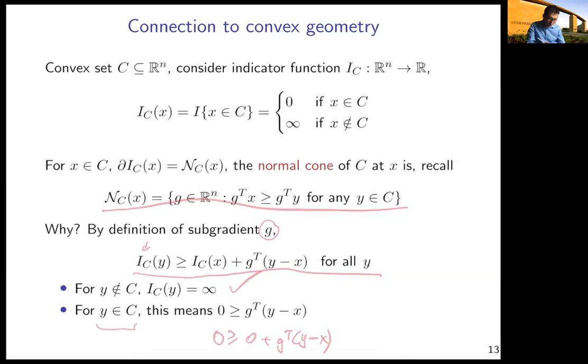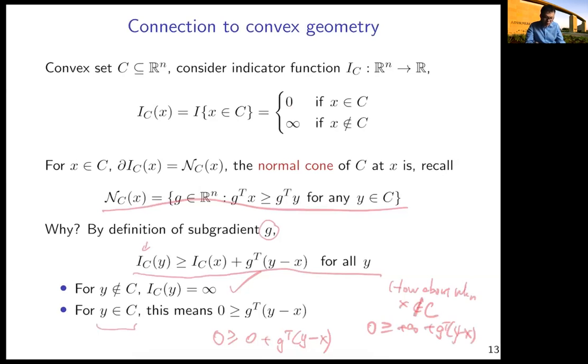So how about when x is not in C? Then we don't really have a G such that this is always true for all y, because we can take y to be inside the convex set, in which case we have 0 larger than positive infinity plus G transpose (y minus x).